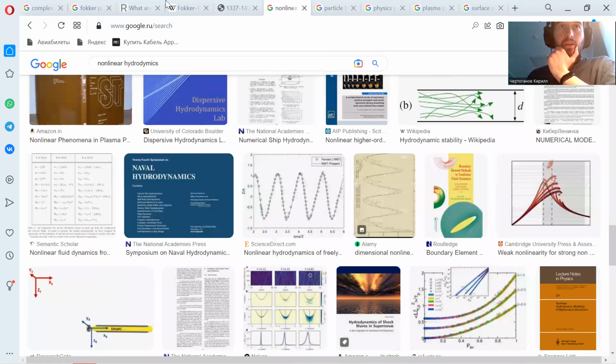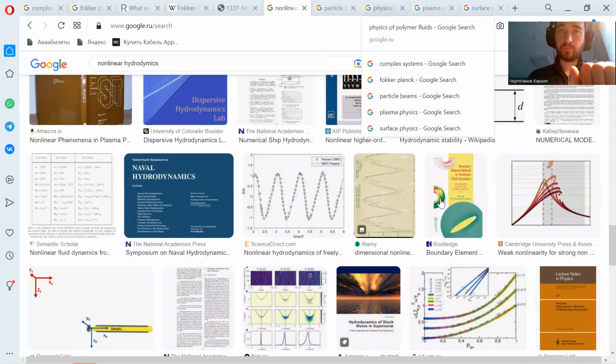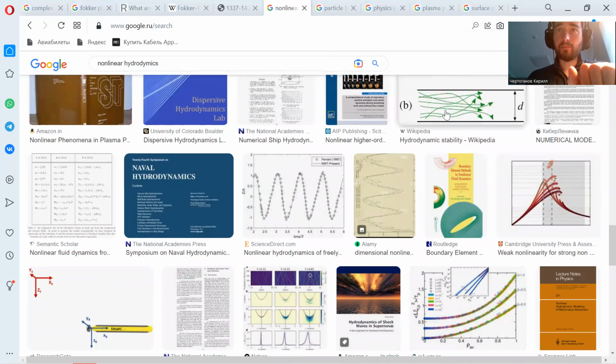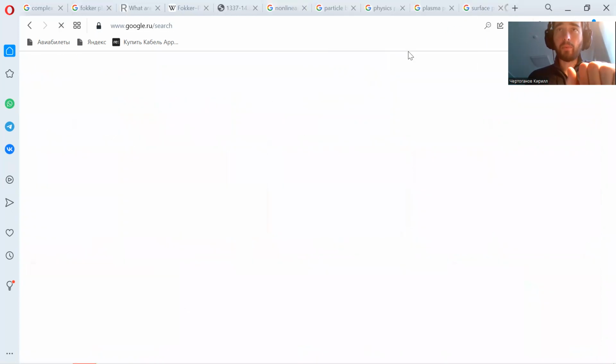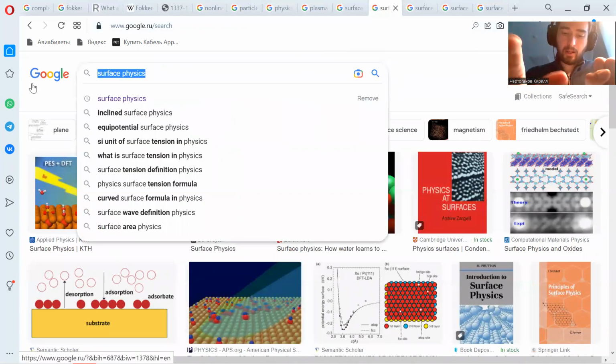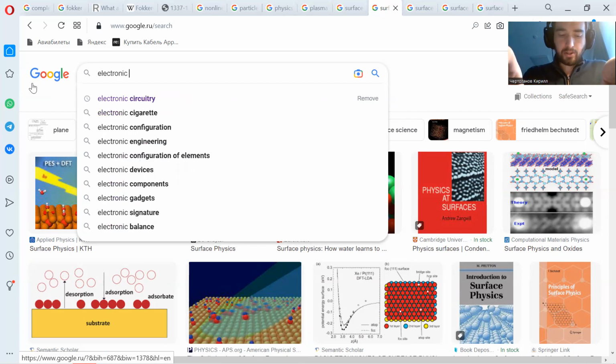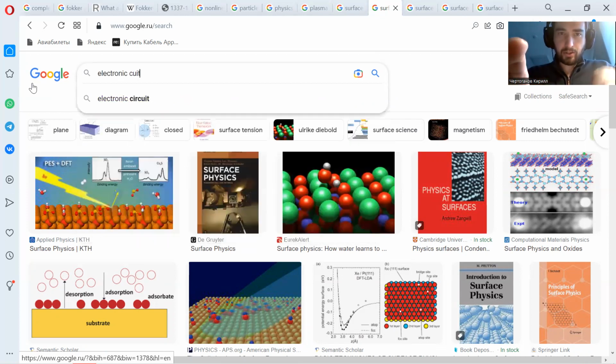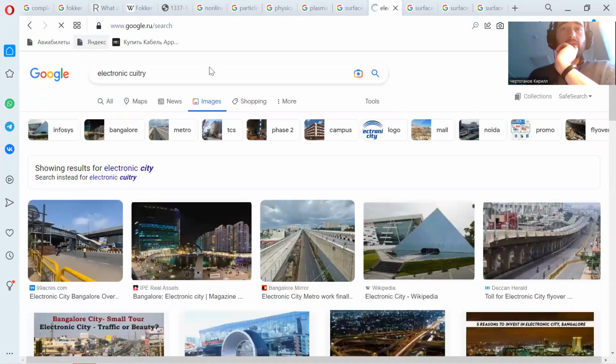Okay. We can see more examples. However, I think we understood the main principle. Maybe I will show you a few new interesting examples here. So let's see. Also, the theory of electronic circuitry is also used.